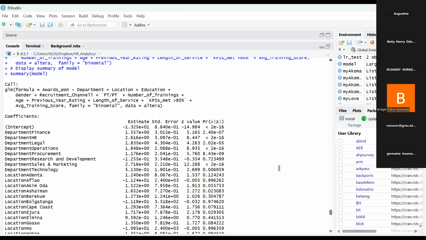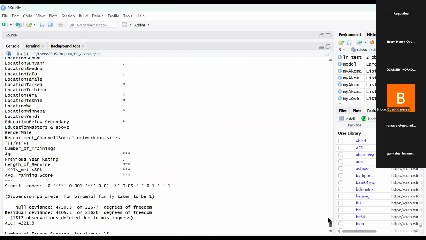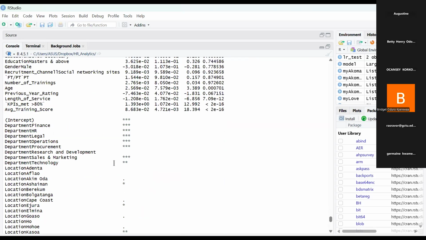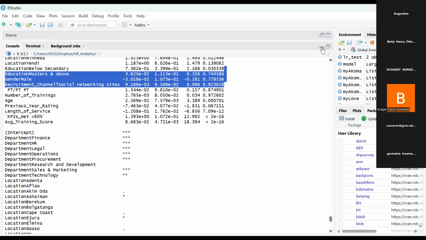But this is not complete, because the last bit, the stars, is missing.